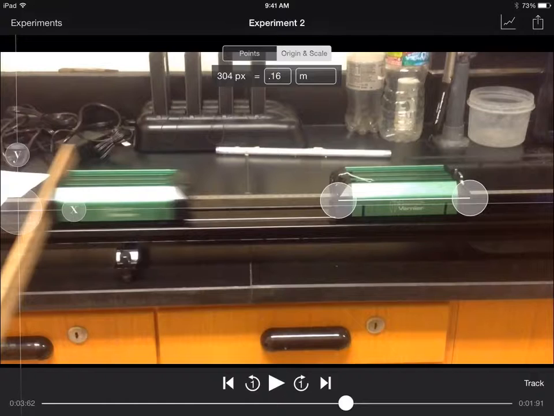But before you do that, it's very important that we set our scale. The way you're going to do that, if you take your cart that's sitting still, the length of the cart is approximately 16 centimeters, so 0.16 meters. So you can set your scale that way. For the origin, it's good if you bring this up so that your x-axis is right in line with your carts. It makes the analysis a little bit easier.